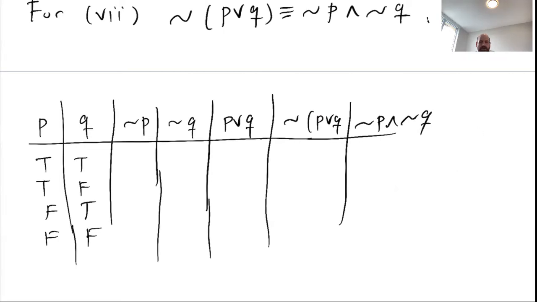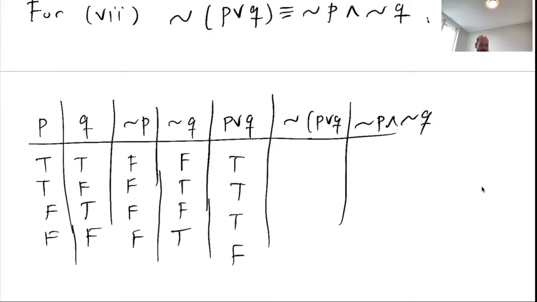Okay, and then if P is true, negation P will be false, false, true, true, and negation Q will be false, true, false, true. And P or Q: if P and Q are both true, P or Q will be true. True or false will be true, false or true will be true, false or false will be false.